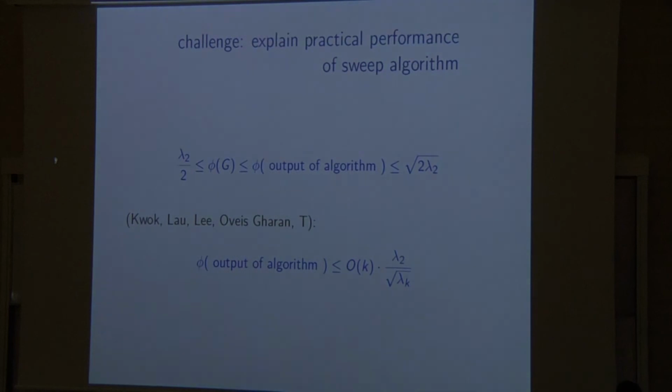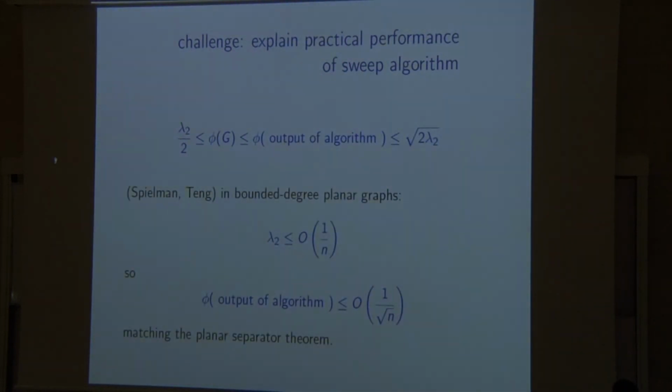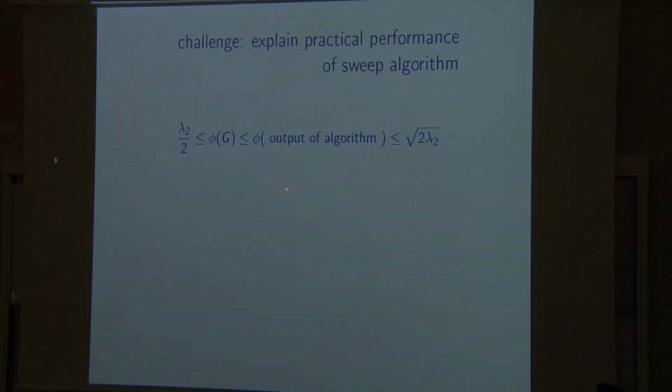But one could potentially also get an improved analysis by showing an improved lower bound: if you have a graph in which you can prove that lambda 2 is much smaller than the expansion, the cut you get in polynomial time of expansion square root of lambda 2 could be a cut of expansion much less than square root of the expansion.